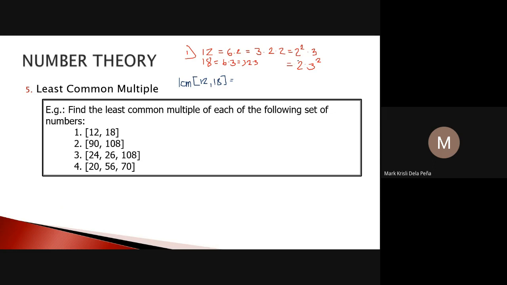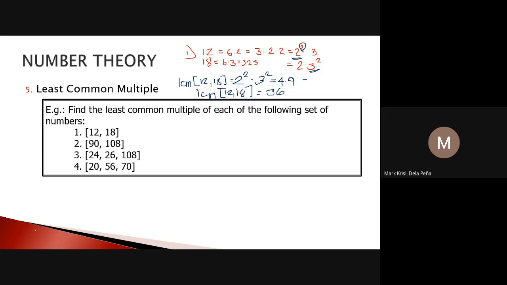For 12 and 18, we have 2 squared and 2. 2 squared has the highest exponent, so we'll have 2 squared. We also have 3 and 3 squared, so we will get 3 squared. 2 squared is 4, 3 squared is 9. So therefore, the LCM of these two numbers is equal to 36. And that's how we solve for the least common multiple.